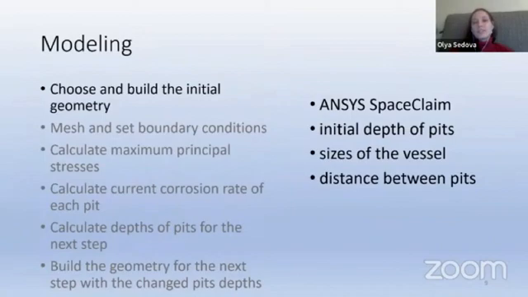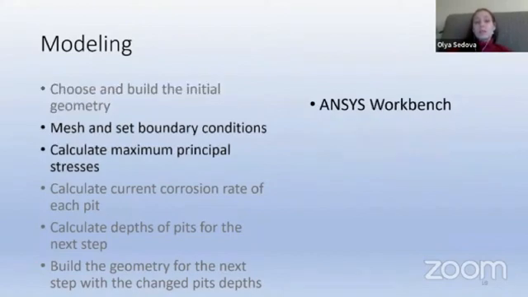The whole process was like this. We choose the initial geometry and build it. Then we go to ANSYS Workbench and mesh the model, set the boundary conditions, solve the problem and find the stresses at the bottom of the pits.